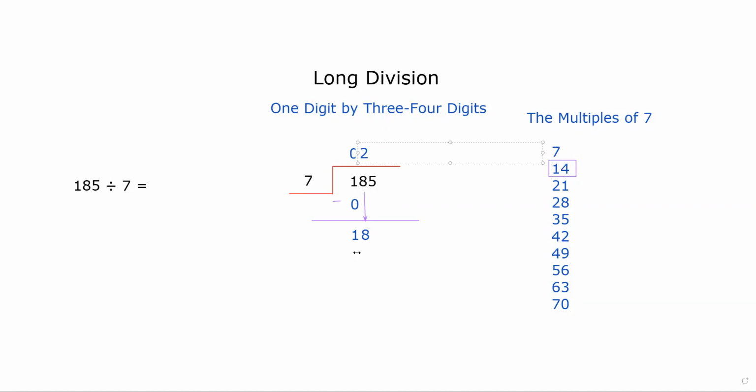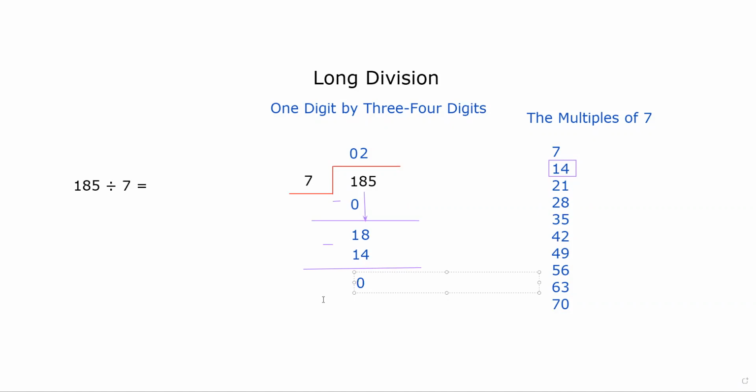2 multiplied 7 is obviously 14. And then we're going to do minus. One minus 1 will be 0, and 8 minus 4 will be 4. Okay.